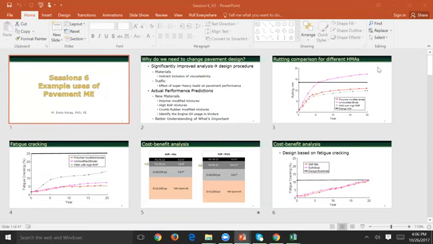What we did for MDOT is we came up with a predictive equation to find K from the mixture properties, like E star, volumetrics, and all that. There is an equation in our final report that I did not put in here.